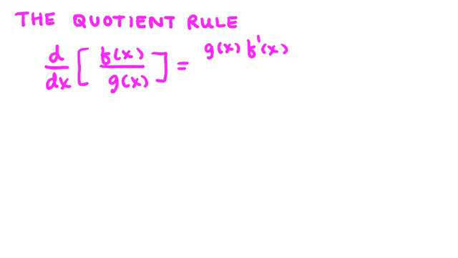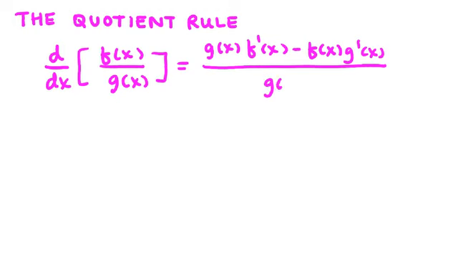Just remember it in terms of top and bottom. Bottom times the derivative of the top minus the top times the derivative of the bottom, divided by the bottom squared. This is another one that we need to commit to memory. We need to just know this.